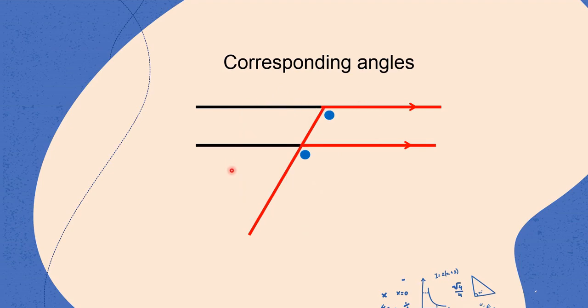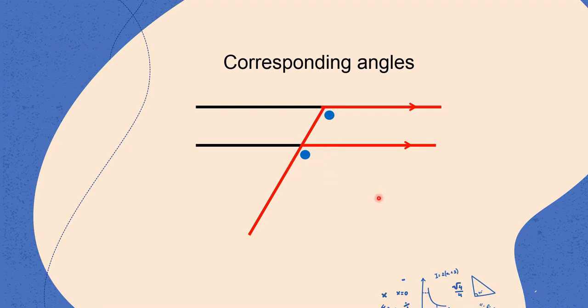And we know they are parallel because it's indicated by the two arrows here. And what's important is that with corresponding angles, it makes an F shape, and I highlighted it in red. Another thing that's important to note is that with corresponding angles, this angle will always equal this angle.